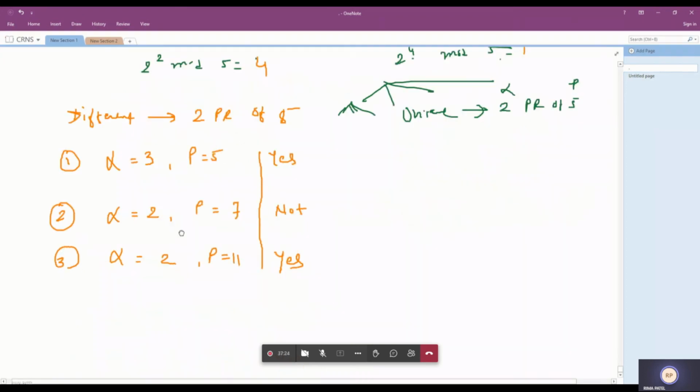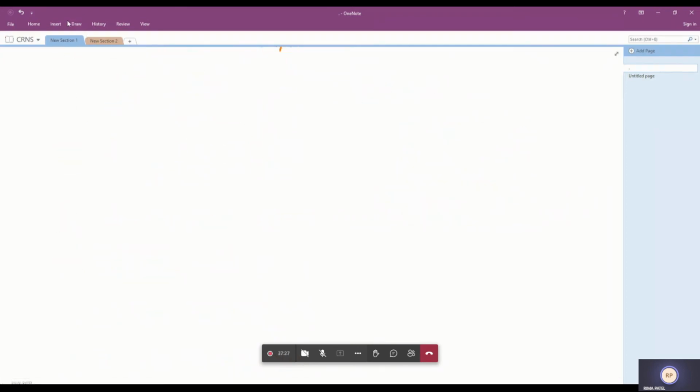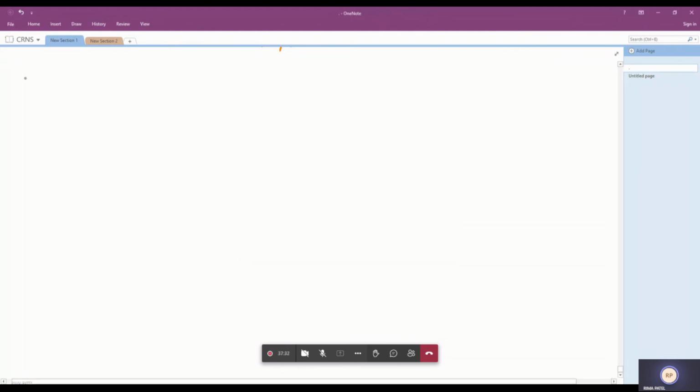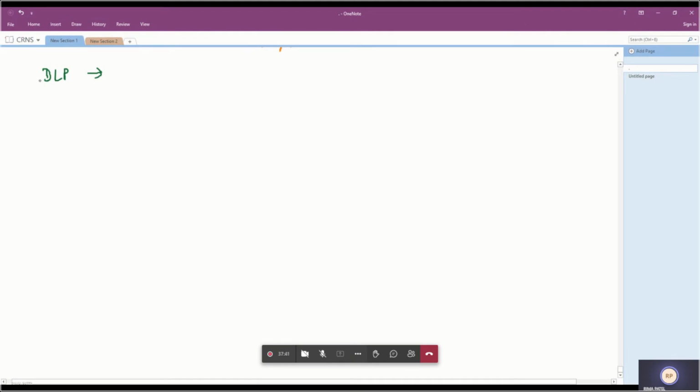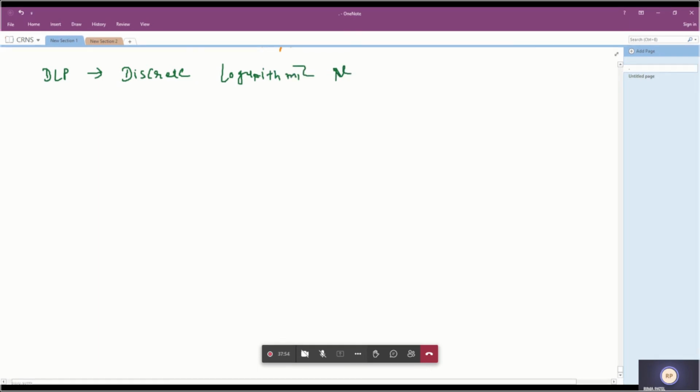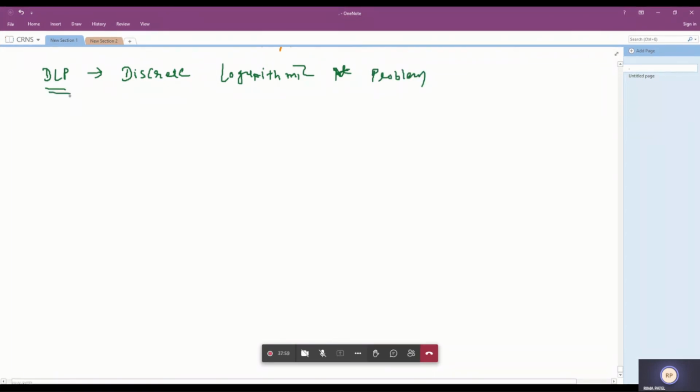So let us go through the next concept, that is the discrete logarithmic problem, DLP. Have you heard about this term, one-way function?